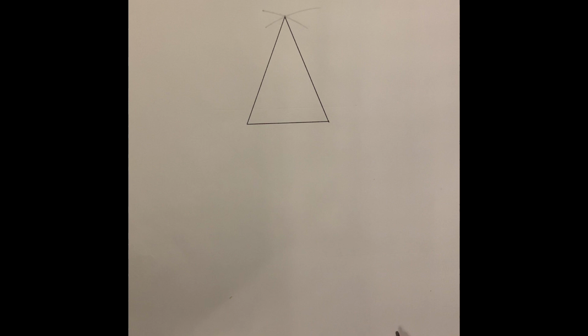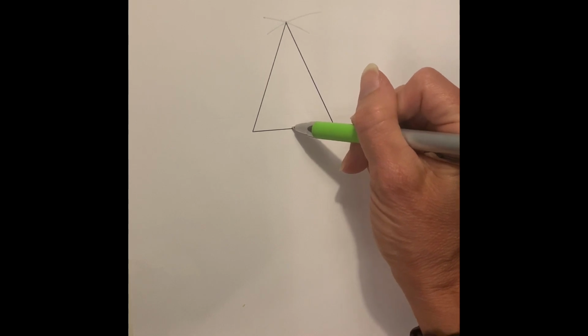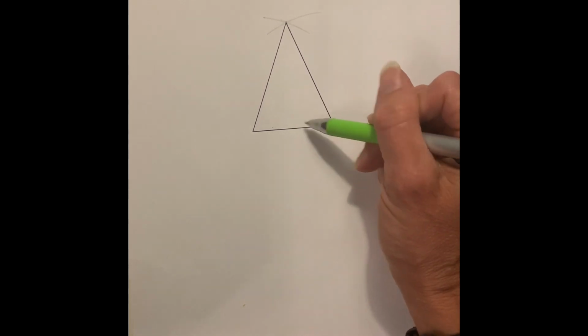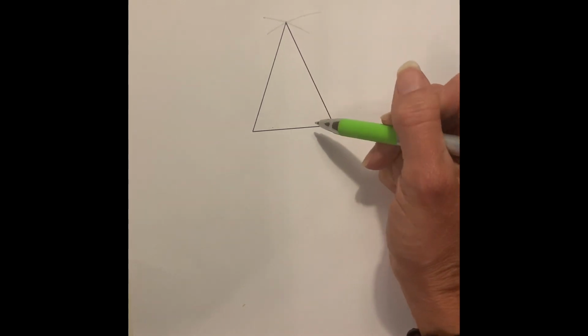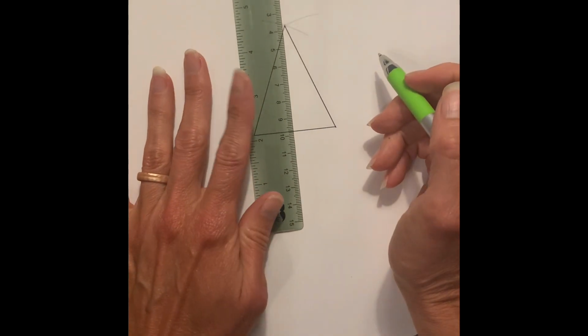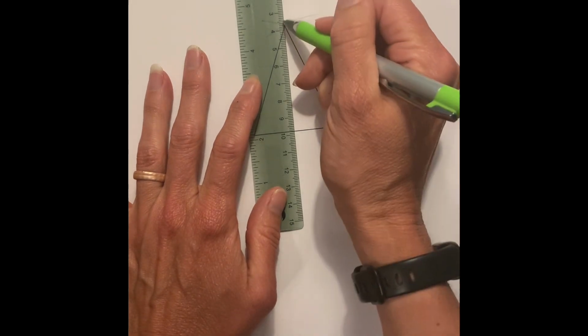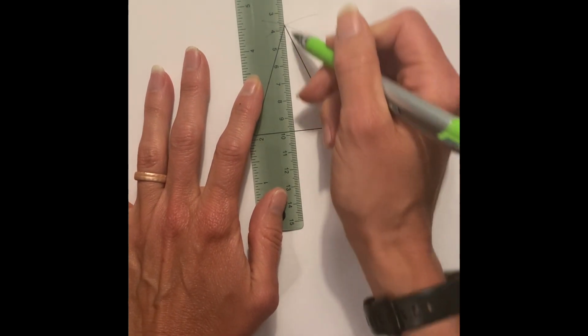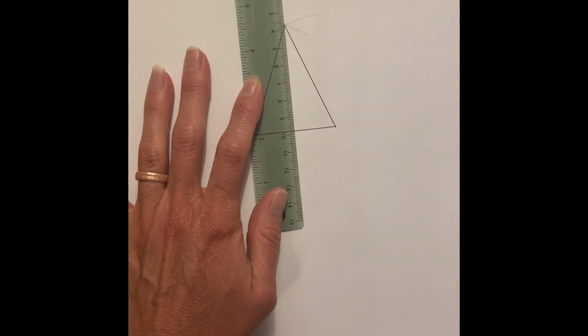So, again, same properties. If I have an isosceles triangle and I can manage to bisect this base into two equal segments, and I draw a line from the vertex down, that will be my altitude.